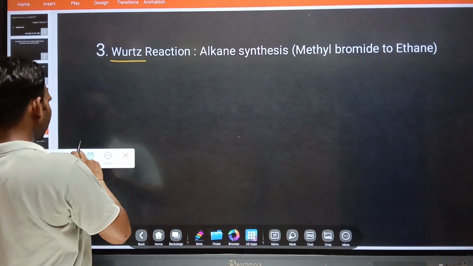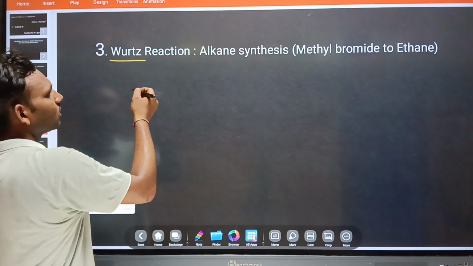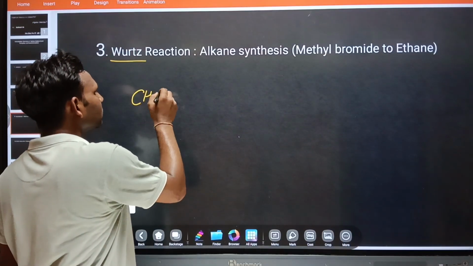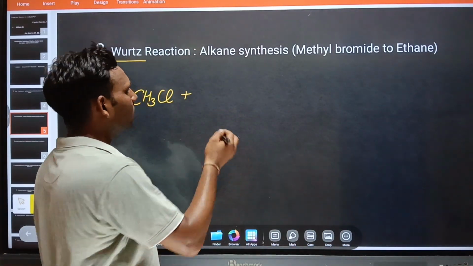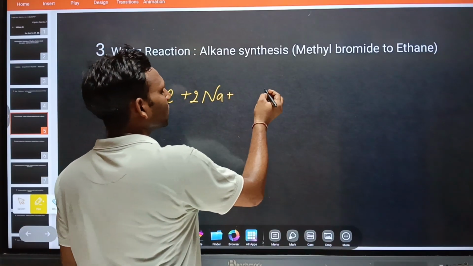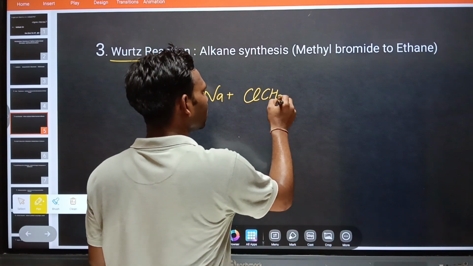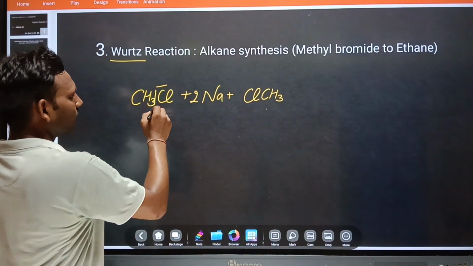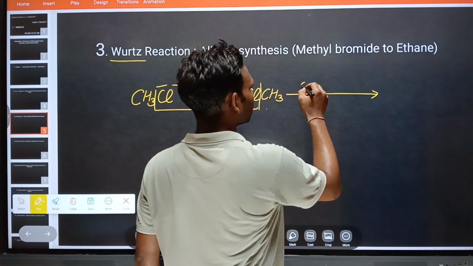Suppose methyl chloride, CH3Cl, in the presence of the metal Na, plus another CH3Cl, forms NaCl in the presence of dry ether.